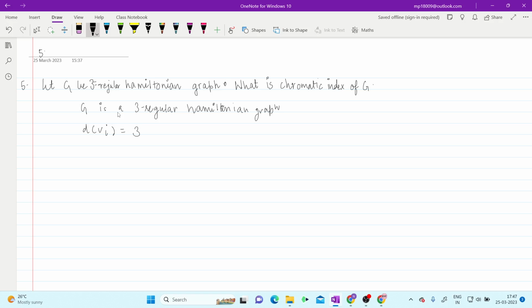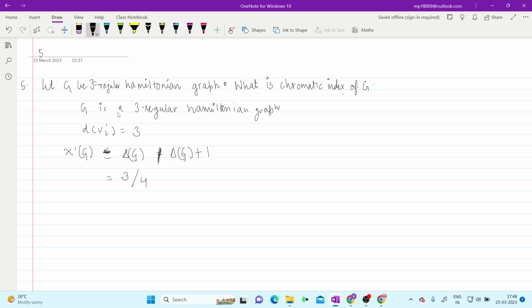Now we have to find the chromatic index. We know that the chromatic index is equal to either the maximum degree or the maximum degree plus 1, that is, Δ(G) or Δ(G)+1. Since this is a 3-regular graph, the maximum degree is 3, so it will be either 3 or 4.